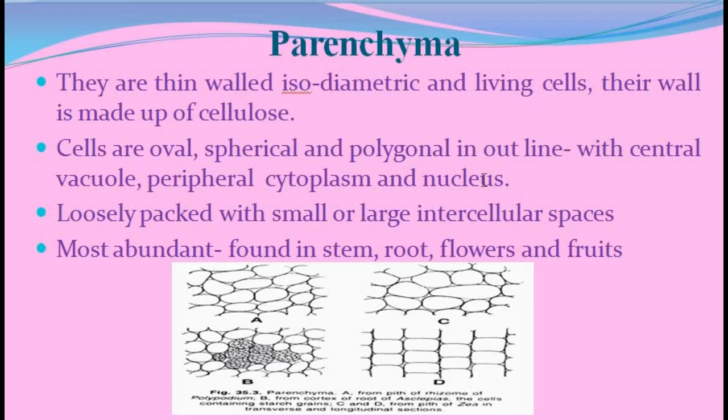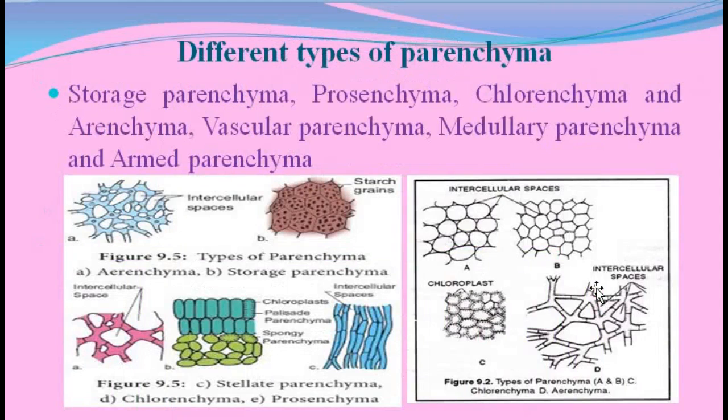Since there is a nucleus, the parenchyma cell is a living tissue. They are loosely packed with small or large intercellular spaces. They are found most abundantly in stem, root, flowers and fruit parts of the plant.